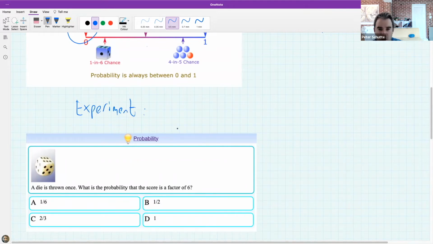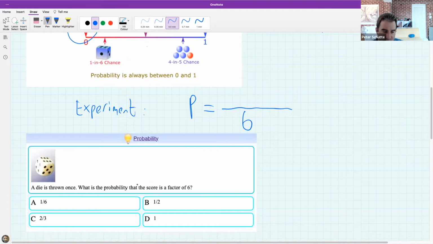In order to calculate that, we need to use the probability formula that we saw above. How many possible outcomes are there for throwing a dice? If you think about a dice, there's 1, 2, 3, 4, 5, 6. So there are 6 possible outcomes.